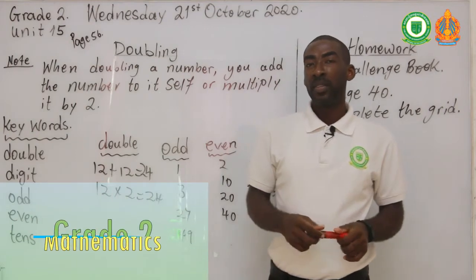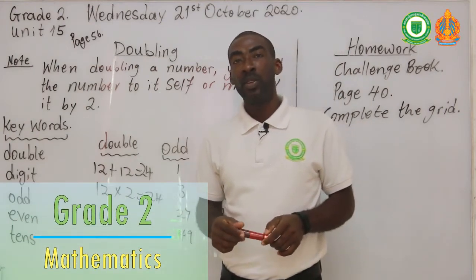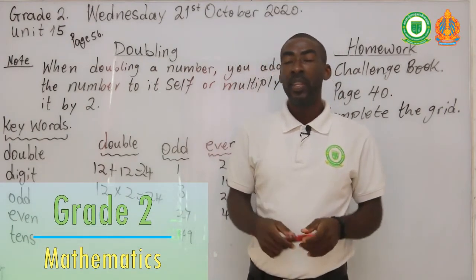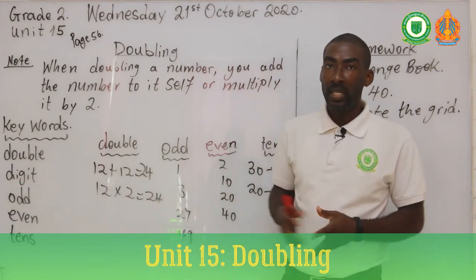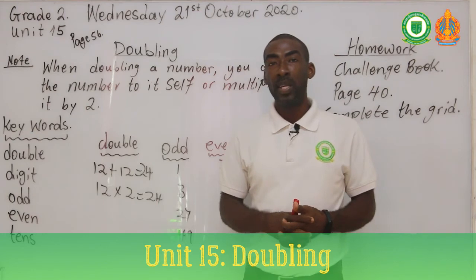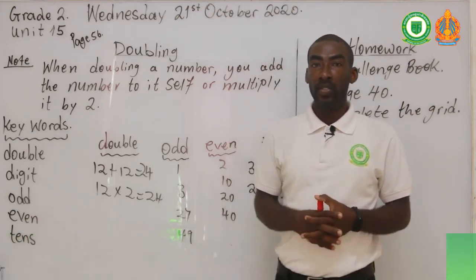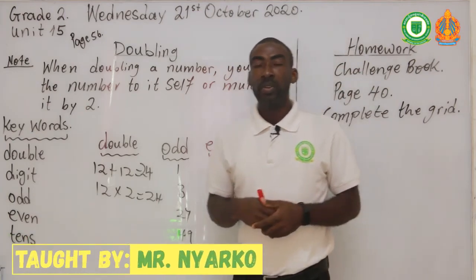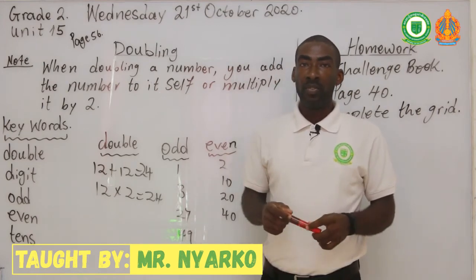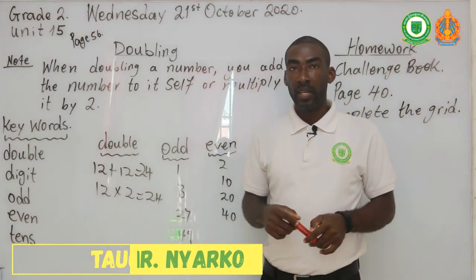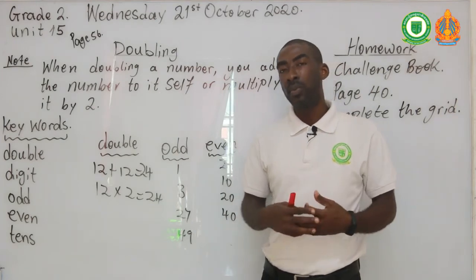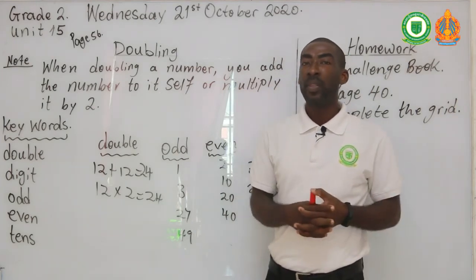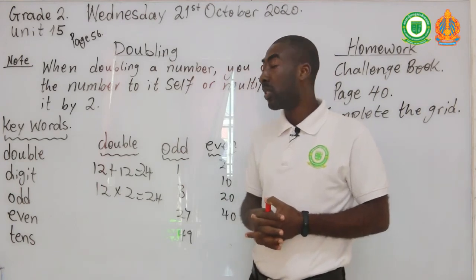Hello students, welcome back to our final episode on our lesson, doubling. So we have understood that doubling means that we are adding the number to itself or we are multiplying that number by 2. To reverse our doubling, we have to divide by 2 and that will get us back to the number that we started with.